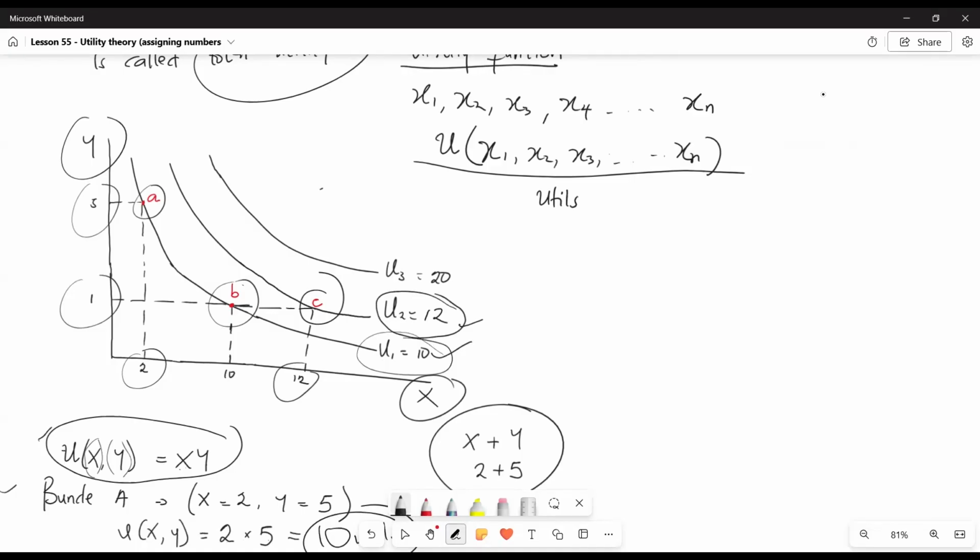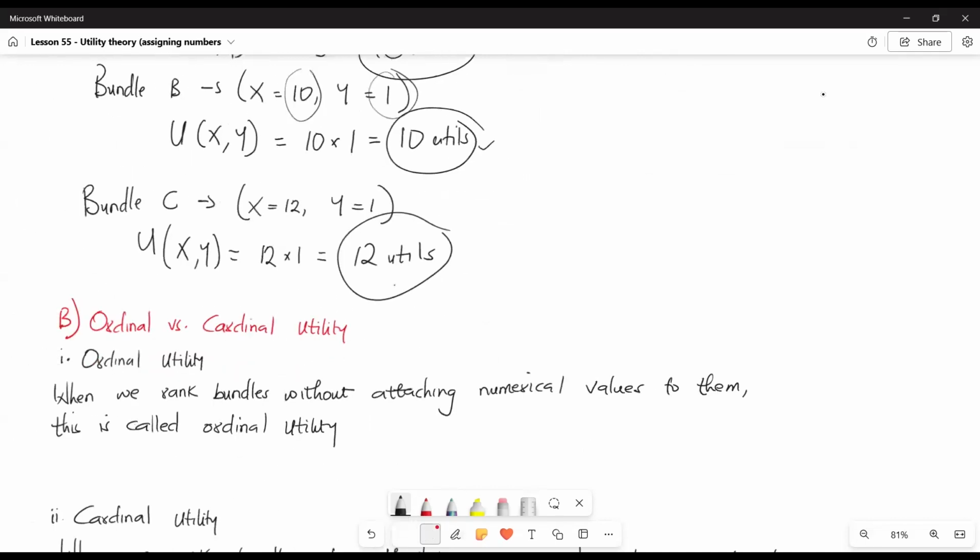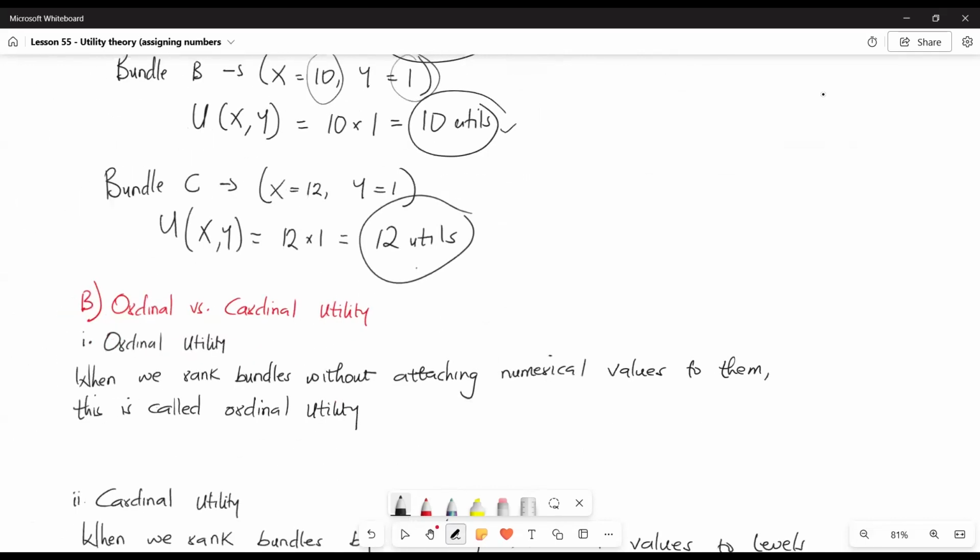So because 12 is bigger than 10, it is easy to see that bundle C is preferred to bundles A and B. So what we see here is that bundles that give the same utility lie on the same indifference curve, bundles that give higher utility lie on a higher indifference curve, and bundles that give lower utility lie on a lower indifference curve. Now let's move on to ordinal versus cardinal utility.